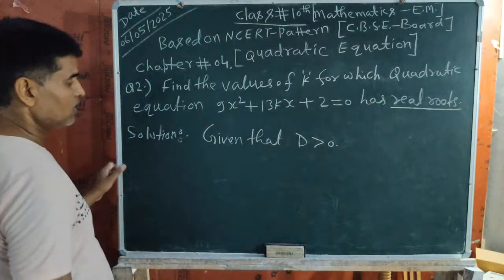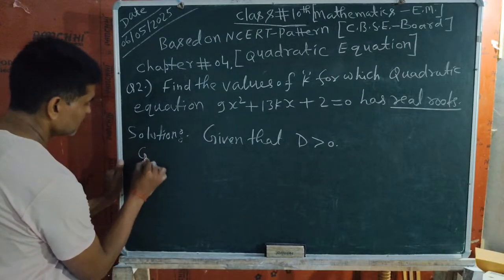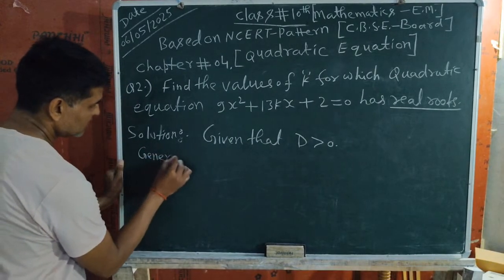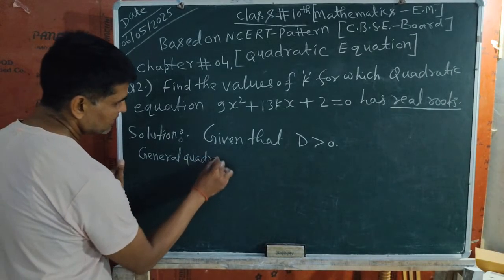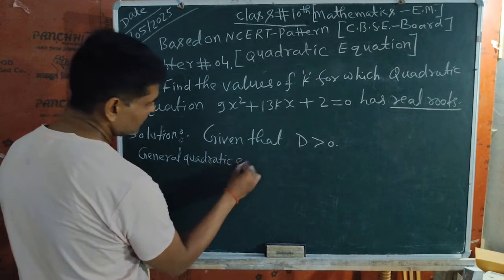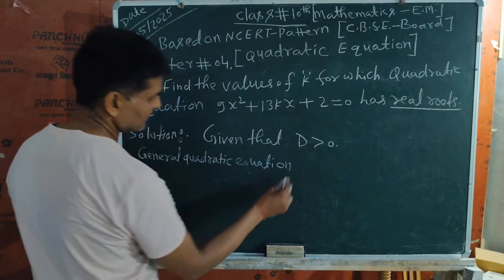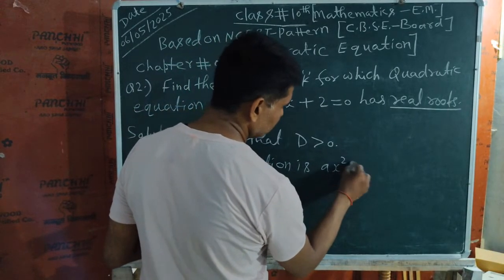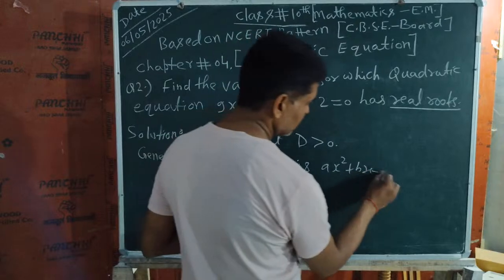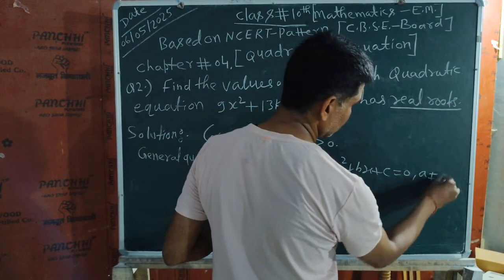Now I have to write here the general quadratic equation. The general quadratic equation is ax square plus bx plus c is equal to 0, with the condition that a cannot be 0.